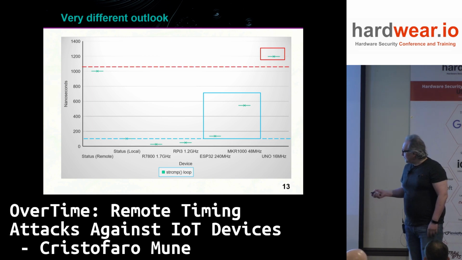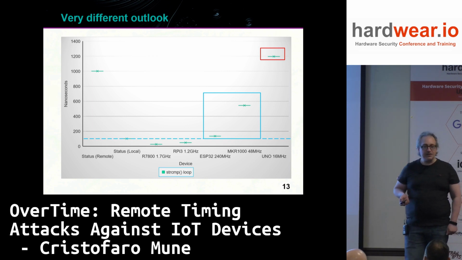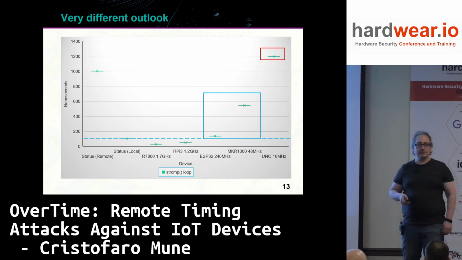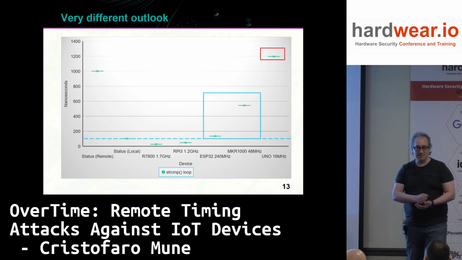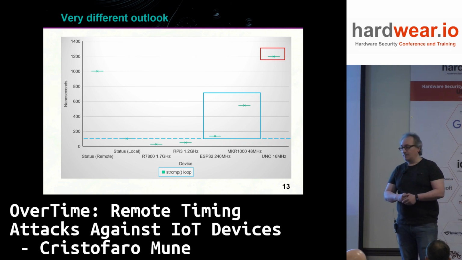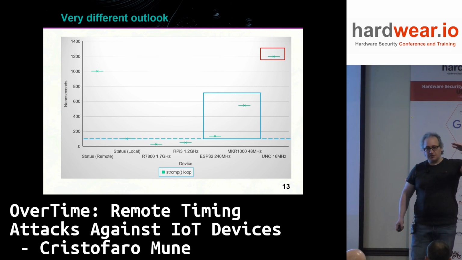There is another one here, the ESP32 at 240 megahertz, which is one of the most widely available microcontrollers in the world nowadays. It is nice because it has Wi-Fi, which can go up to 160 megabit per second, my mistake. And this one can go from 240 megahertz to 160 to 80.